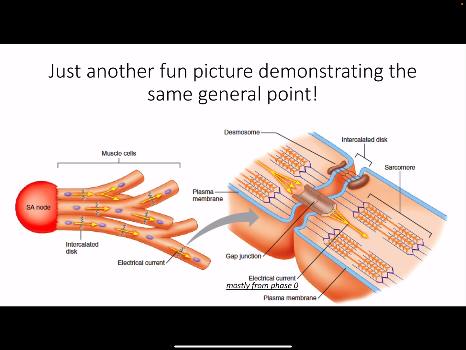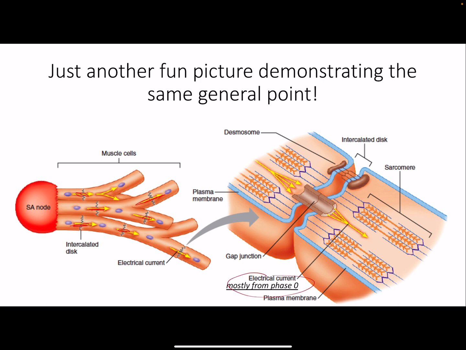Just another fun picture. Notice that the ions are moving through these gap junctions where calcium and sodium can travel through. It's kind of like the equivalent of the nodes of Ranvier, where sodium can link through to initiate the next action potential of the adjacent node. Here we're initiating the next action potential of the adjacent cardiac myocyte.